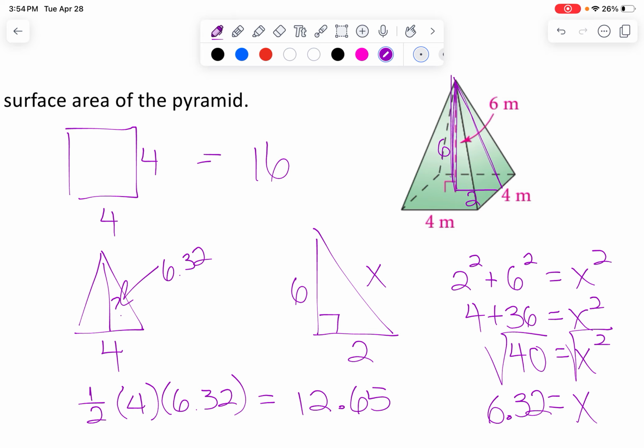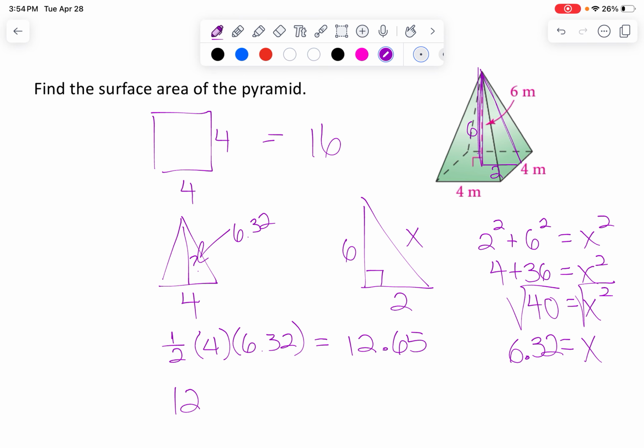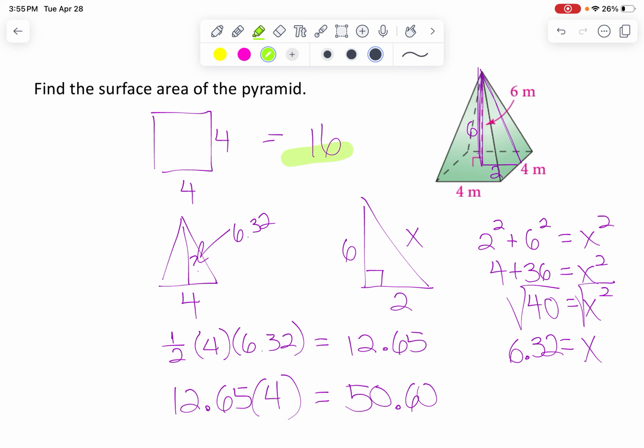Then I have 4 of these triangles around, so I take 12.65 times 4, and we get about 50.6 rounded, plus the 16 that we have. So our 2 things that we're adding are the base and the triangles.